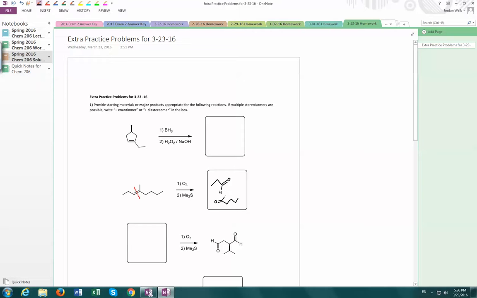I realize that's kind of small. This is a CH3 here. And so really all it is, we cut this thing, and where we had a carbon-carbon double bond, we now have a carbon-oxygen double bond.